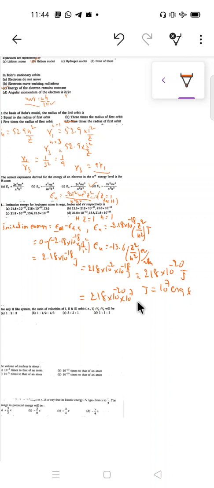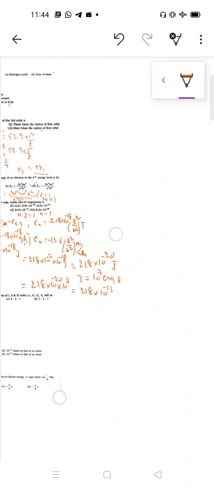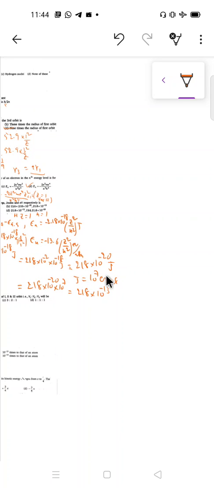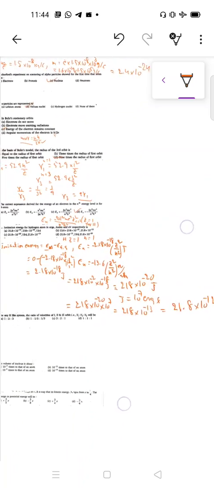Then what you get is 2.18 into 10 to the power of minus 11. This value you may write another way also. Okay, this is in ergs. This is correct.